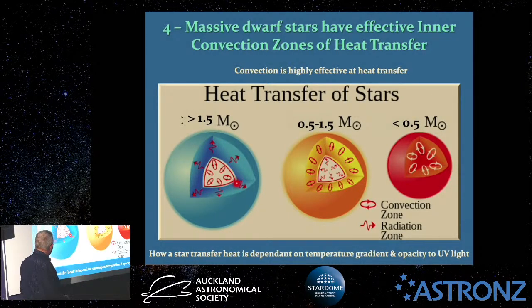In these massive stars, you've got this huge energy output coming from the CNO cycle, so you've got a massive temperature gradient just outside the core. That favours convection. It gets to a point where the temperature gradient drops off and you no longer get convection, but meanwhile the temperatures in the outer regions of the star are still hot enough for the hydrogen to be ionized, which allows the photons, particularly ultraviolet photons, to zip right through.